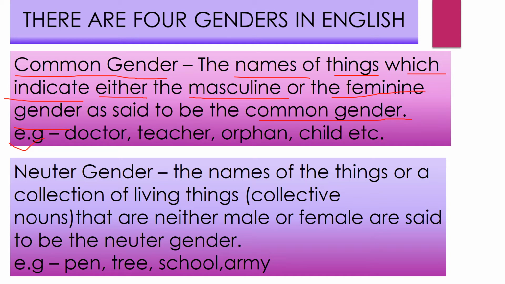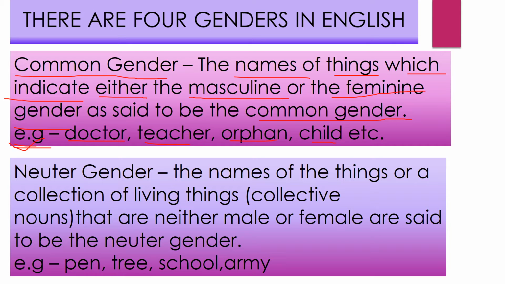That is, whenever we are talking about the names of things which indicate either masculine or feminine gender, then they are called the common gender. For example, doctor, teacher, orphan, child.